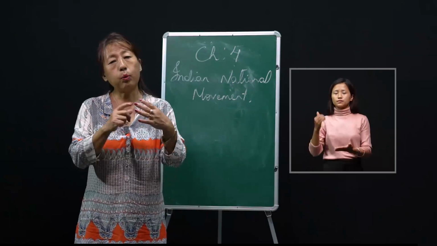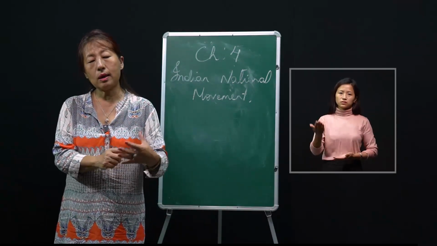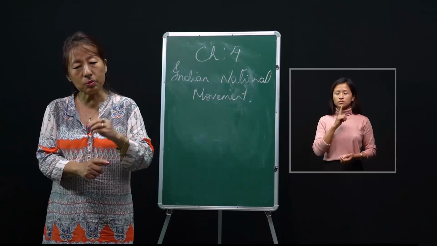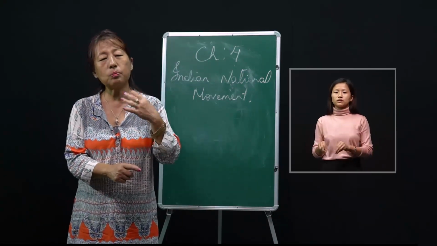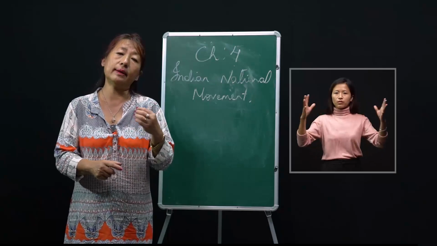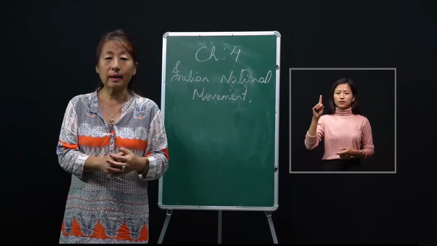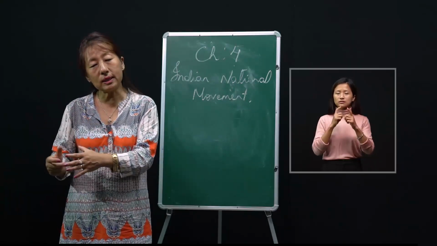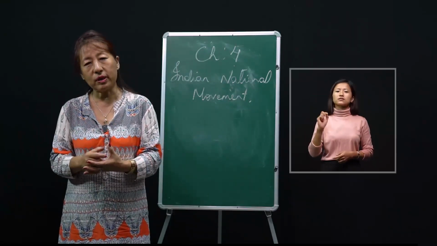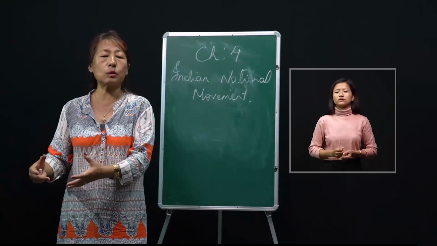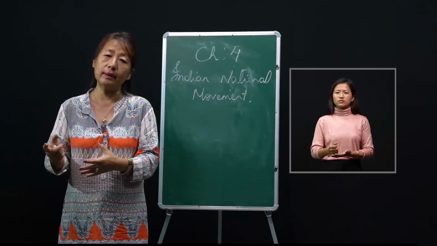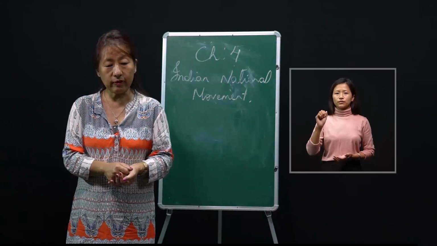But what the historians say is that this movement was more violent than the revolt of 1857, which you have discussed in class 8. So the Quit India movement was more severe. The result was much worse than the revolt of 1857.